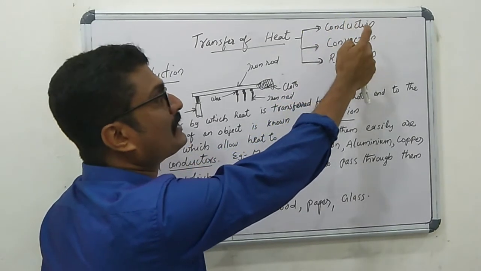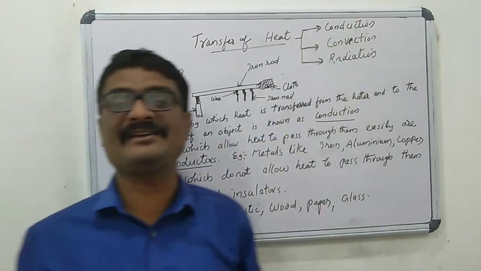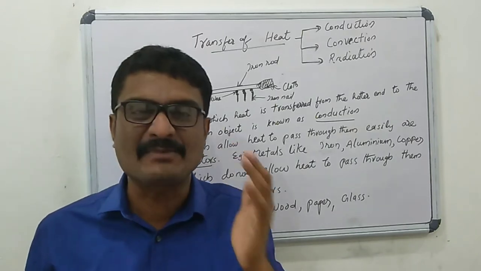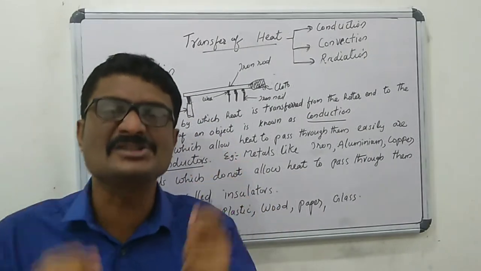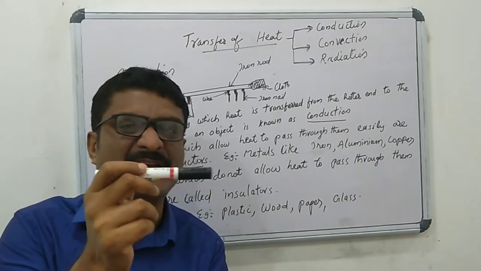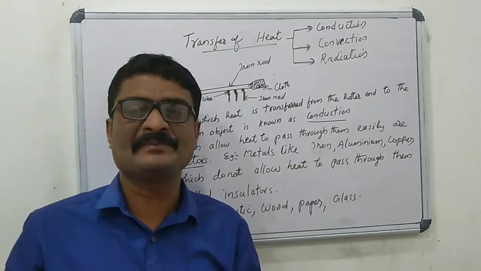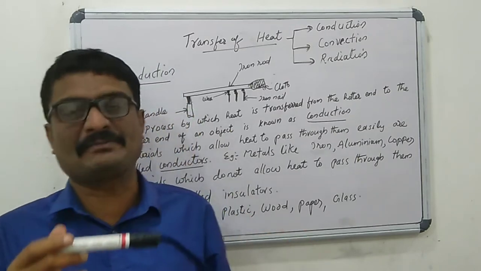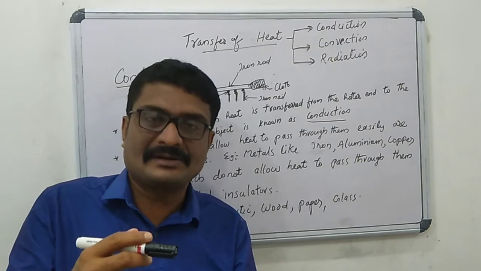Conduction, convection and radiation. Today let us study about conduction. If you hold a metallic spoon over a flame, after some time the other end of the spoon also gets heated.